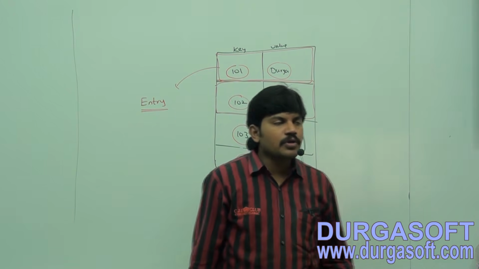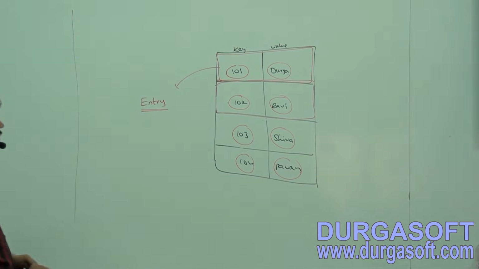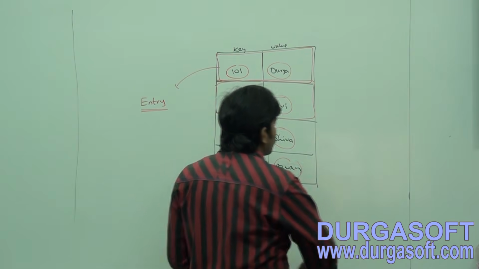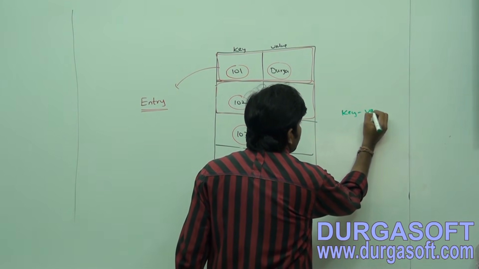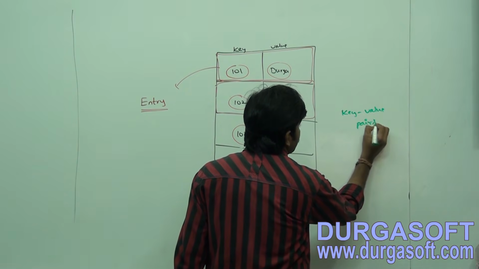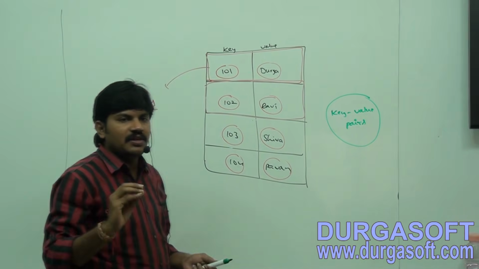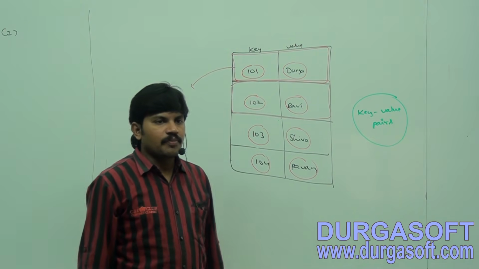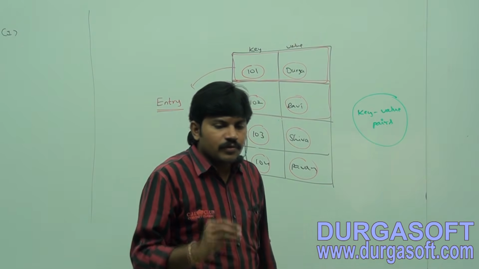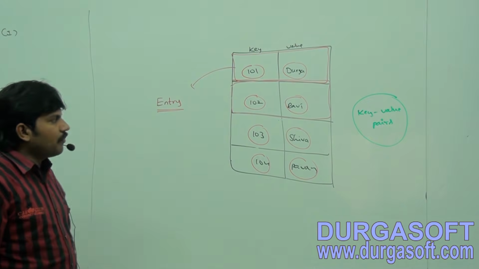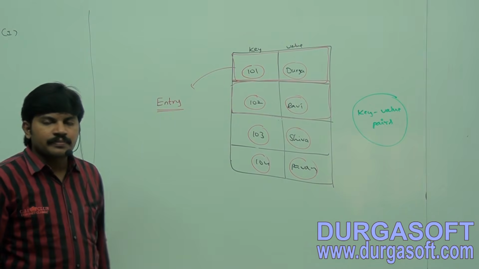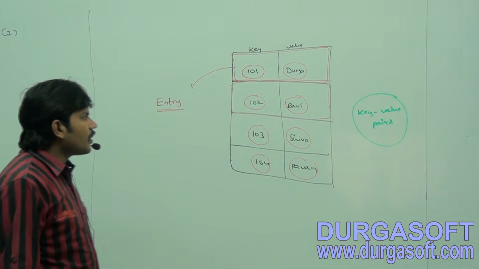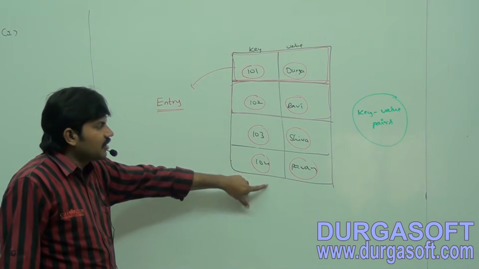Next, second: if we want to represent a group of objects as key value pairs, then we should go for map. Next, better to take this example, this diagram first.